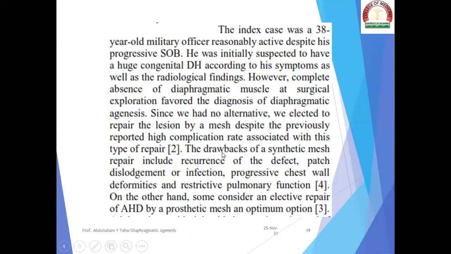The drawbacks of a synthetic mesh repair include recurrence of the defect, patch dislodgement or infection, progressive chest wall deformities, and restrictive pulmonary function. On the other hand, some consider an elective repair of agenesis of hemi-diaphragm by a prosthetic mesh an optimum option.